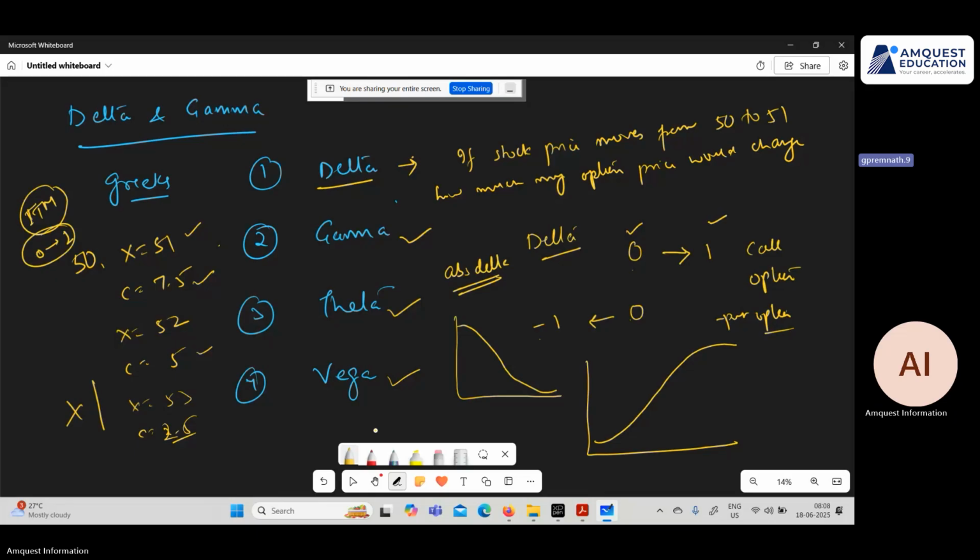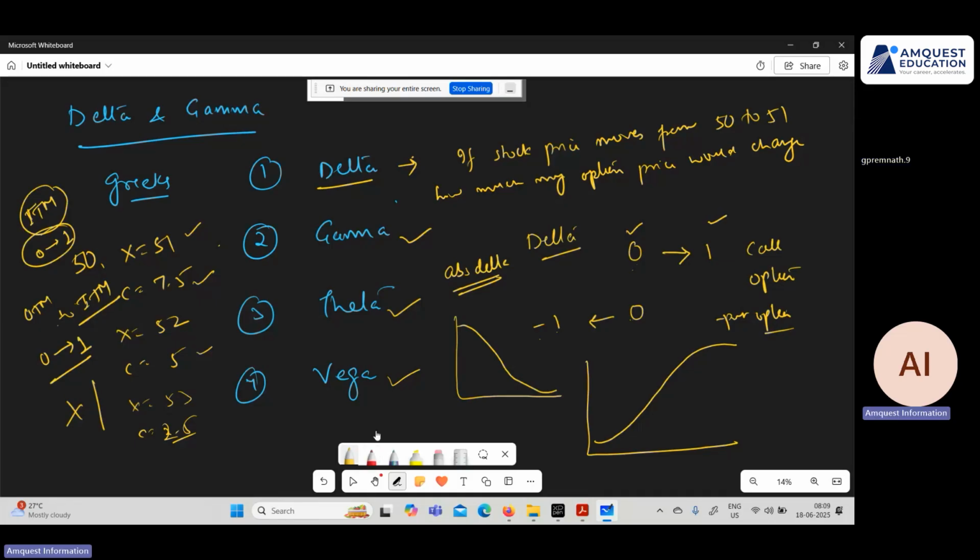So from OTM to ITM, the option delta goes from 0 to 1 for both call and put. But in reality, you know that it goes from 0 to -1 for a put. But you will see a lot of places where it just says that it goes from 0 to 1.